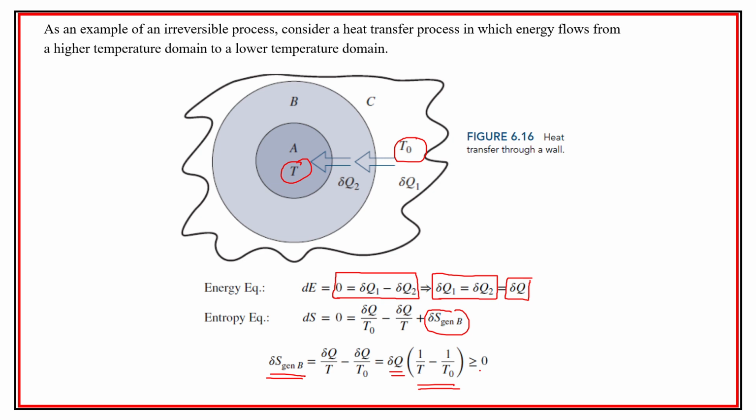It can only be equal to 0 if for some reason we have an isentropic process. But it seems to me that you can't really be equal to 0, unless you have a really small temperature difference, but because there is a temperature difference, the entropy will increase.